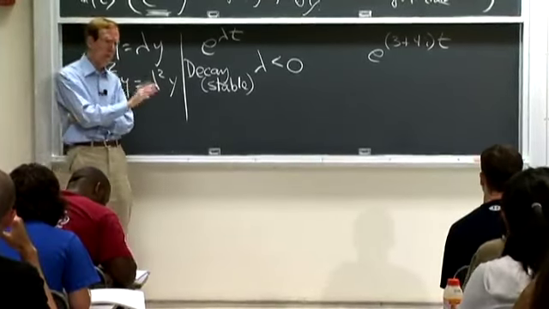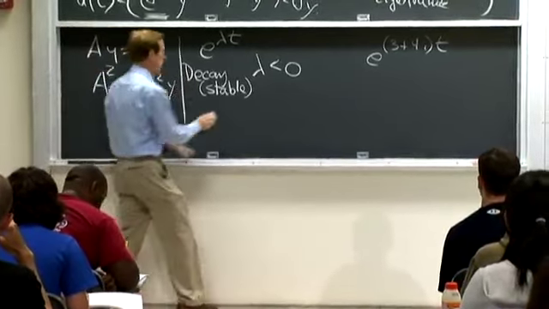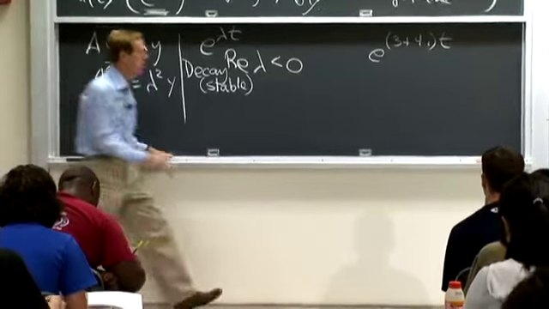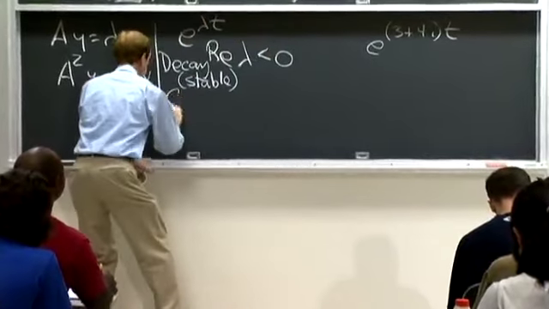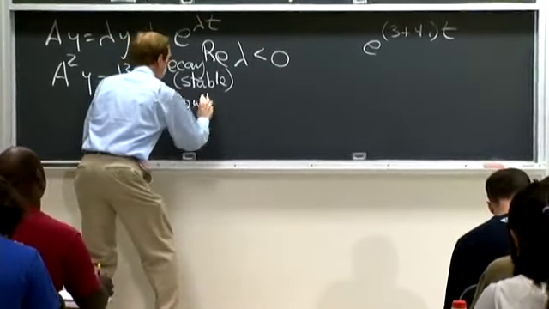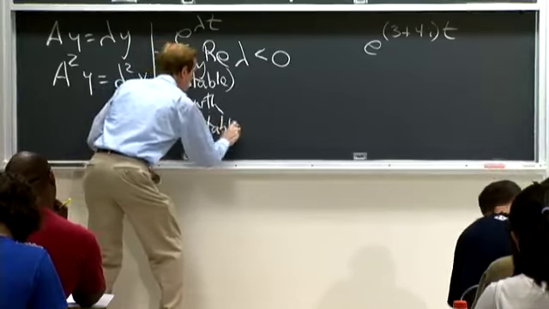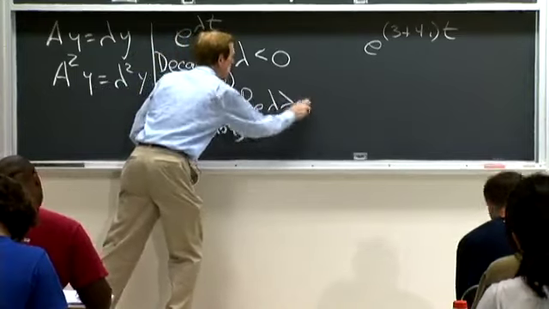And what decides the growth? The real part. So it's really the decay or growth that is decided by the real part, the 3, e to the 3t, that would be a growth. So let me put growth, and that would be, of course, unstable. And that's a problem when I have a real part of lambda bigger than 0.